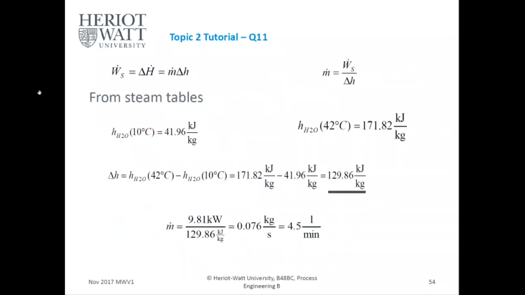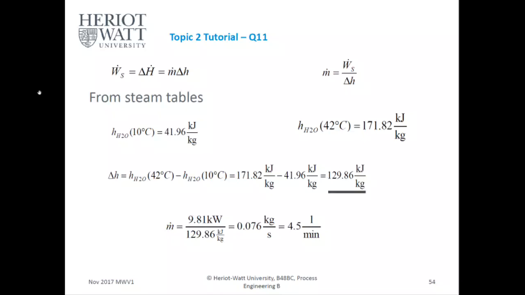So, shaft work equals the change in enthalpy, which equals the mass flow rate multiplied by the change in enthalpy. That gives you mass flow rate equals shaft work over the change in enthalpy.